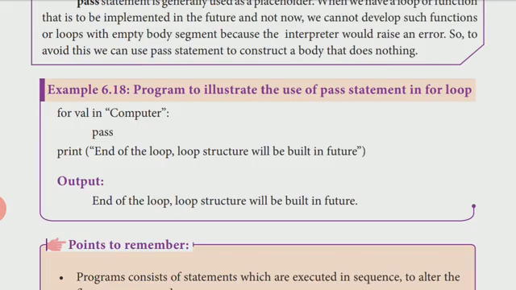Most of the time we are not using the pass keyword in programming languages. If you are writing a simple program first, and then if you want to develop further and continue the program, then you can use this pass keyword in your program.